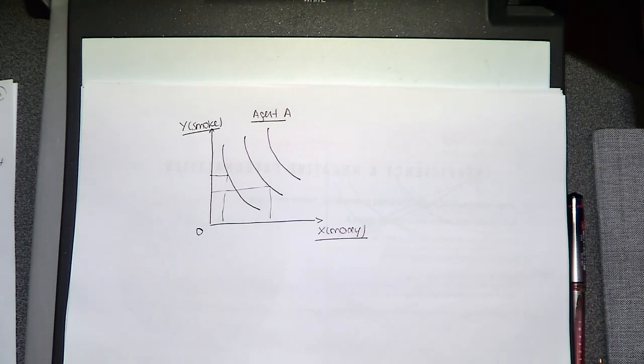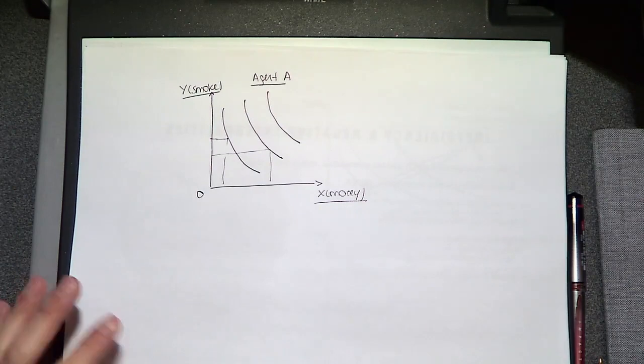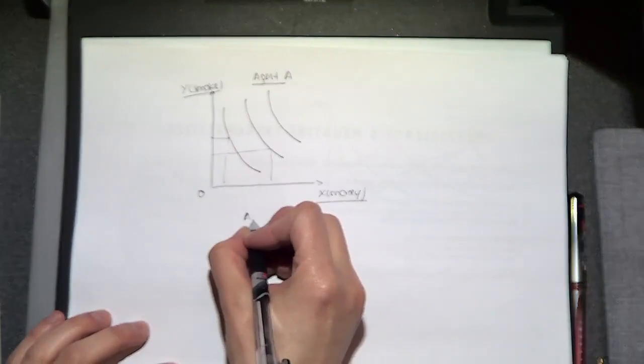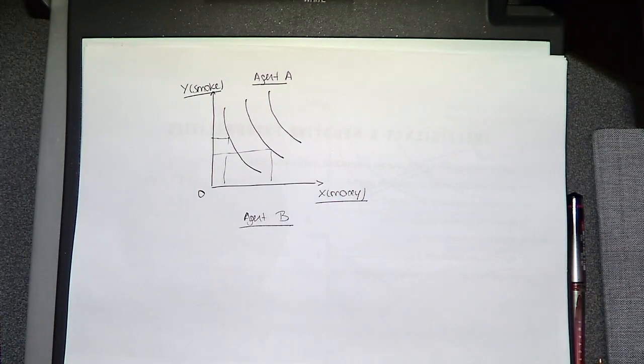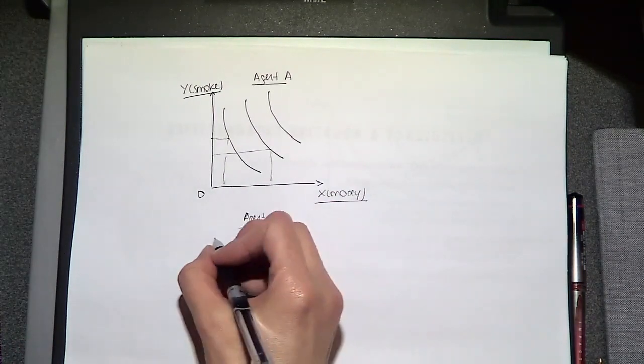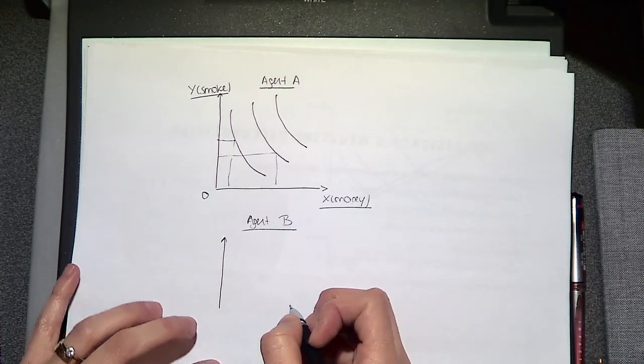Right. Now, the thing here is not agent A. We got him. The problem here is agent B. And for agent B, money is a good.